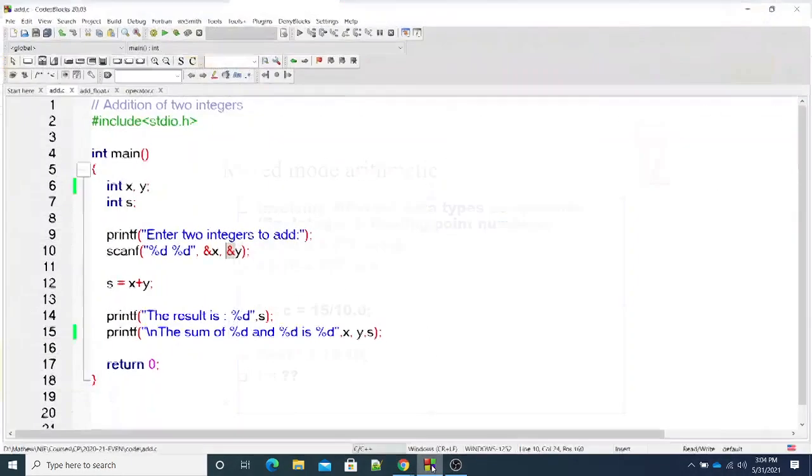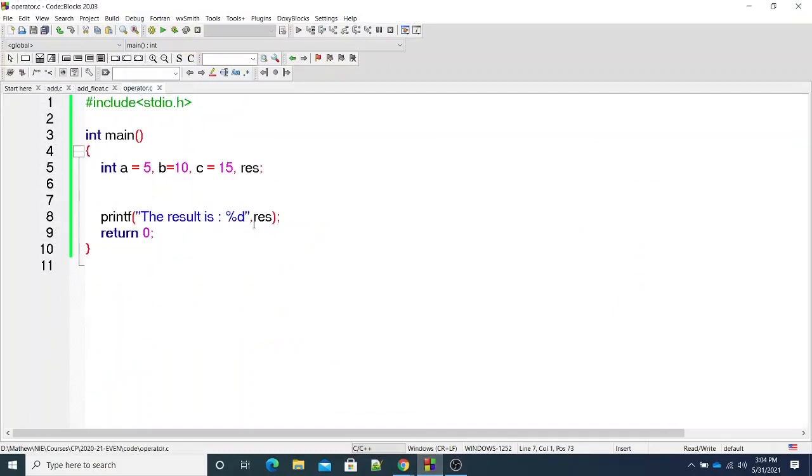Okay, we can experiment with that. I will put result, let result be float. Each time we'll have the result as float. Then I'm going to perform 5 by 10.